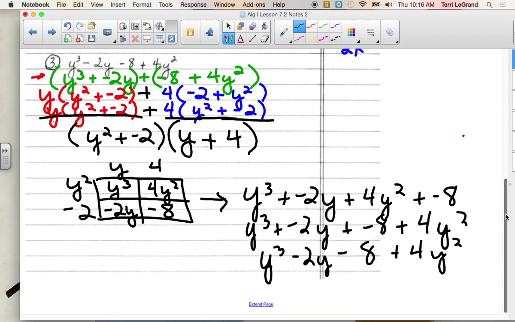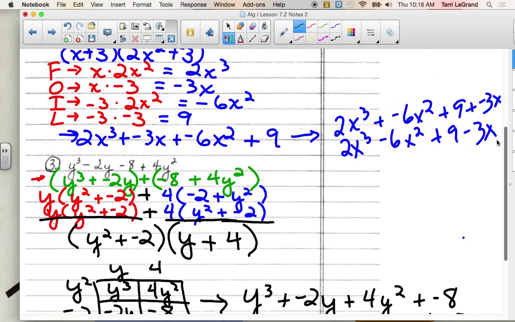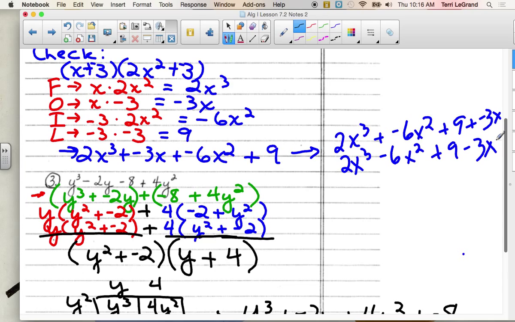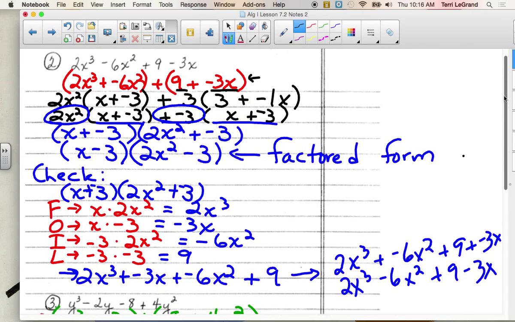Now, Jacob? For number 2, okay, back to the second one. When we change 3 to negative, how do we do that? When we were GCFing, we looked at both of them and we said the largest number you can divide out of 9 and -3 is 3.